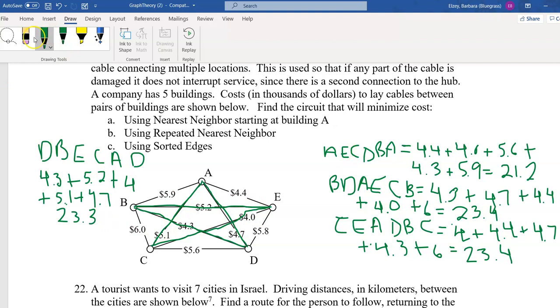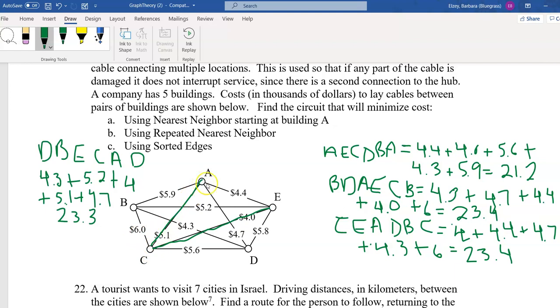All right, lastly, we need to do E. Let's do nearest neighbor with E as our starting vertex. So the shortest one coming out of E will be 4.0, so we'll take that one. And then from C, the shortest one looks like 5.1.